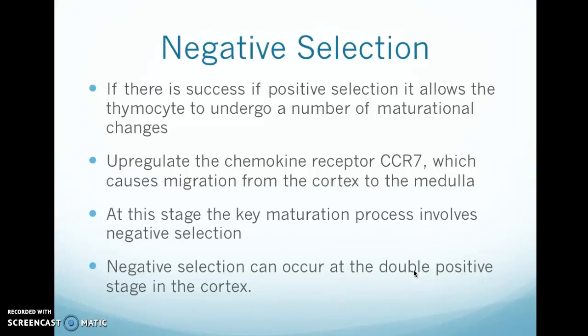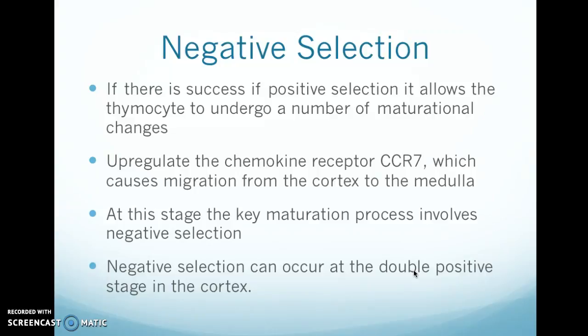Errors in the negative selection process are responsible for the host having an autoimmune disorder, like type 1 diabetes.